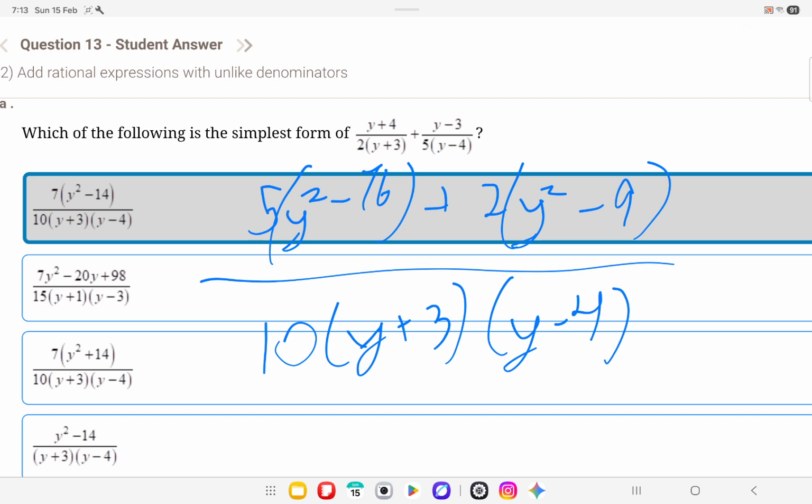So now we cannot add because we still have multiplication, so we distribute to each one.